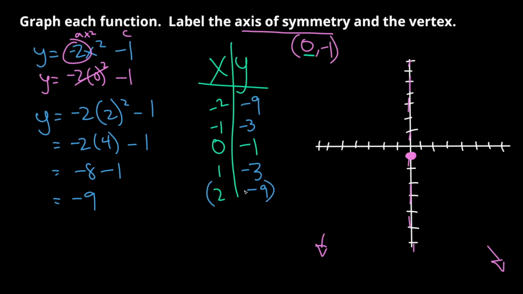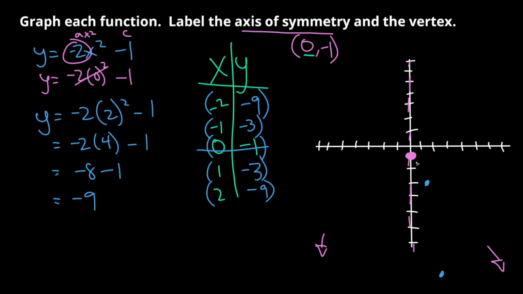So we can go ahead and start plotting these points. And we already have the origin. We can do 1, negative 3, 1, down 3, and 2, negative 9. We have 2, down 9, 1, 2, 3, 4, 5, 6, 7, 8, 9. It'll be way down here.